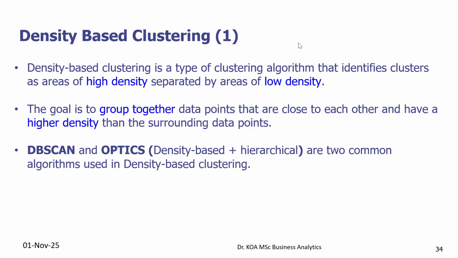So I realized that with AGNES, that's the agglomerative, we see each data point as a separate cluster. Then as time goes on, we merge them to form bigger clusters. And with DIANA, that's the divisive analysis, all the data points are seen as one cluster, and it's further divided into smaller groups.